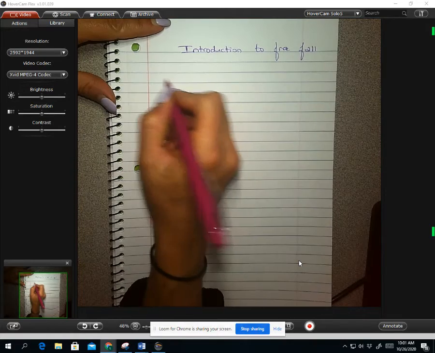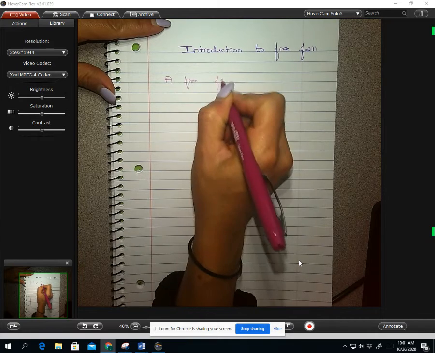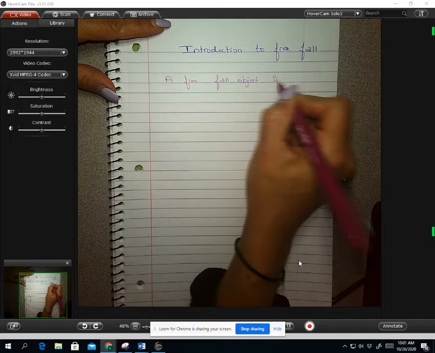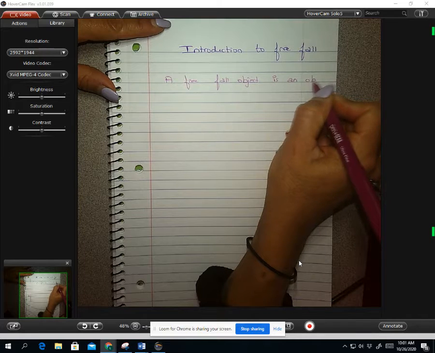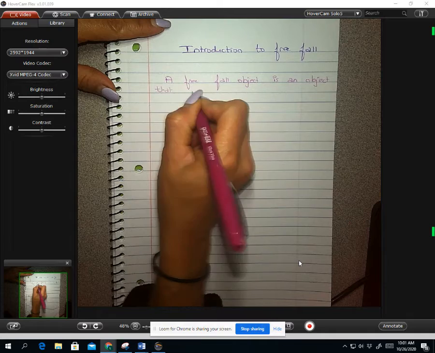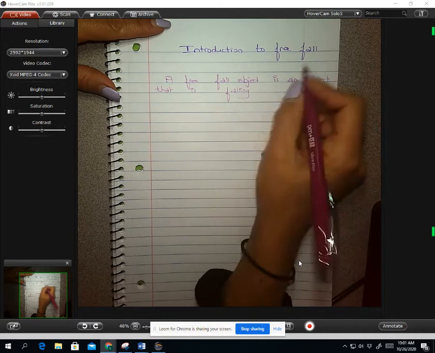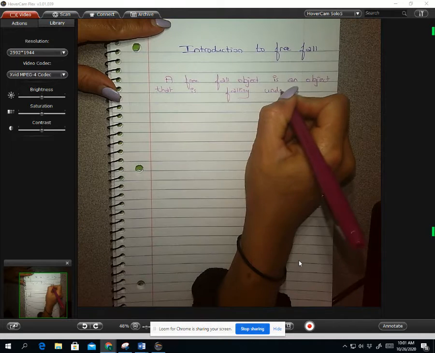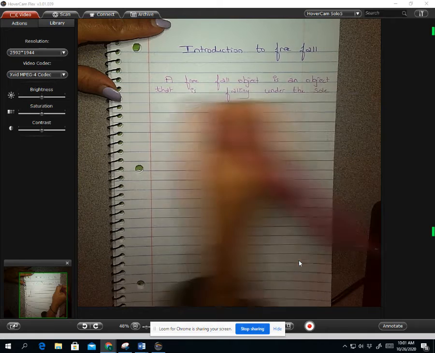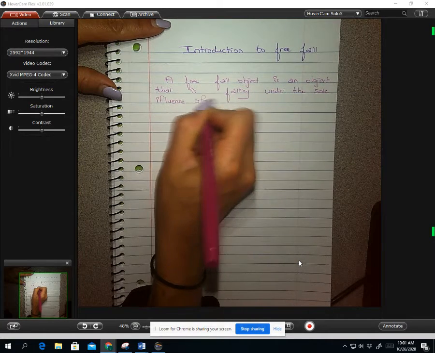A free fall object is an object that is falling under the sole influence of gravity.